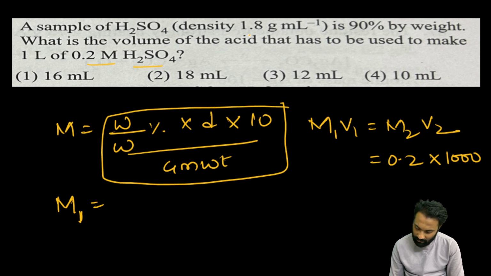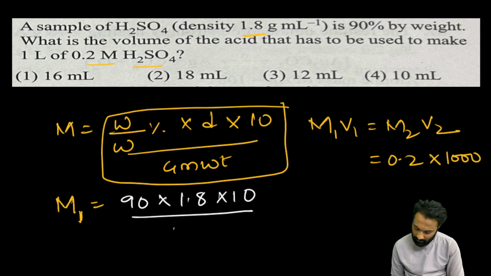Then that M1 will come from here. How will it come? See, weight by weight percentage, that weight is 90. So 90 into 1.8 into 10 by 98, the H2SO4 molecular weight. If you calculate, that molarity you keep here as M1.